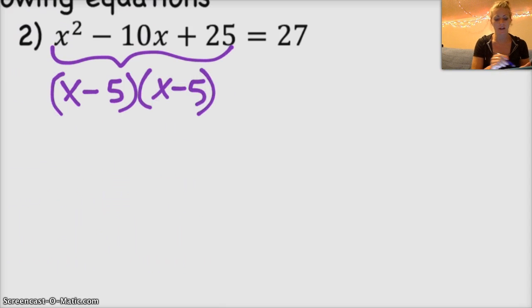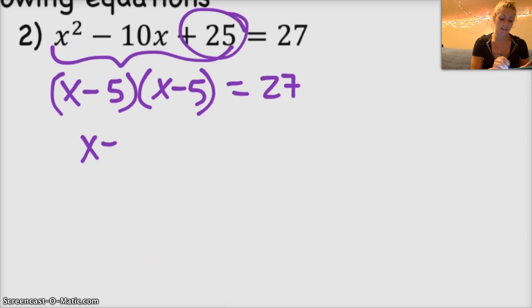This is what it is factored, because negative 5 times negative 5 is positive 25, and negative 5 plus negative 5 equals negative 10. So we're good there. That equals 27. And then we can write that as something squared, x minus 5 squared.